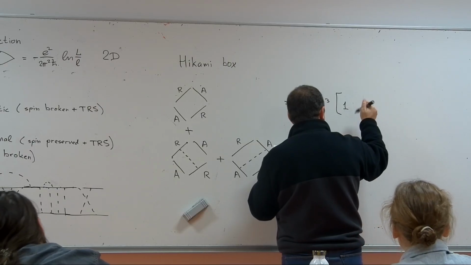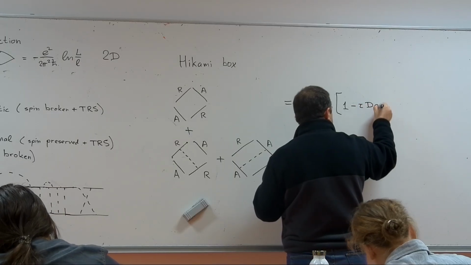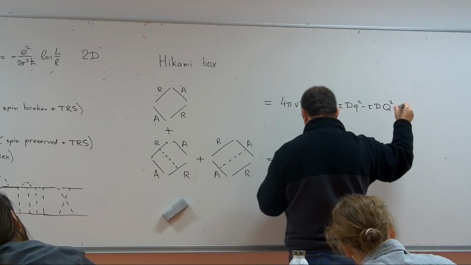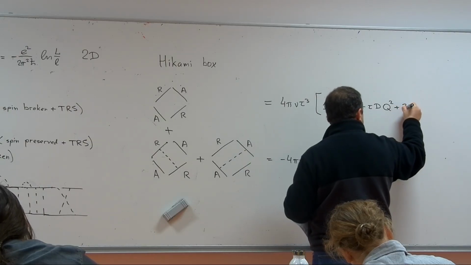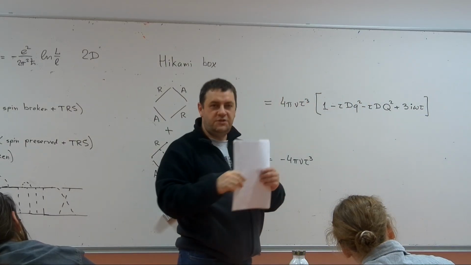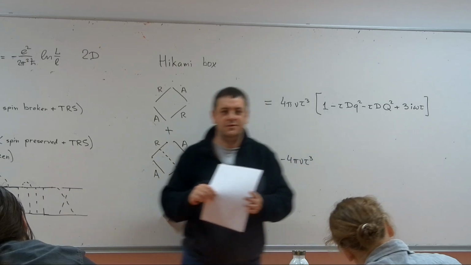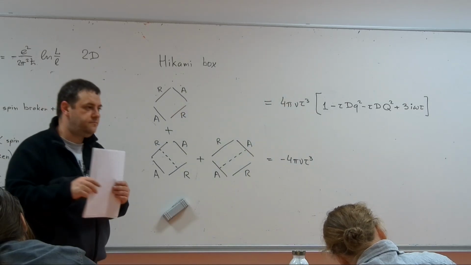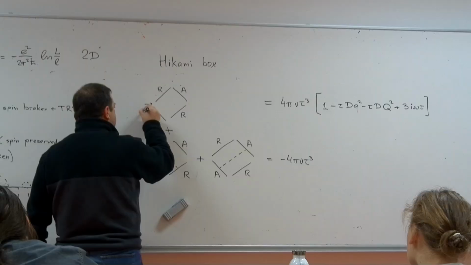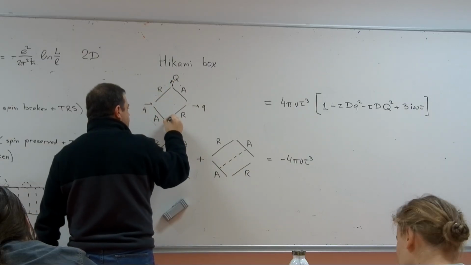It's actually 1 minus tau D q squared minus tau D capital Q squared plus 3 times i omega tau, as we did with B, up to linear order in omega, up to quadratic order in momentum. The same as in the diffuson. Small q comes from here and exits here. Capital Q goes this way.